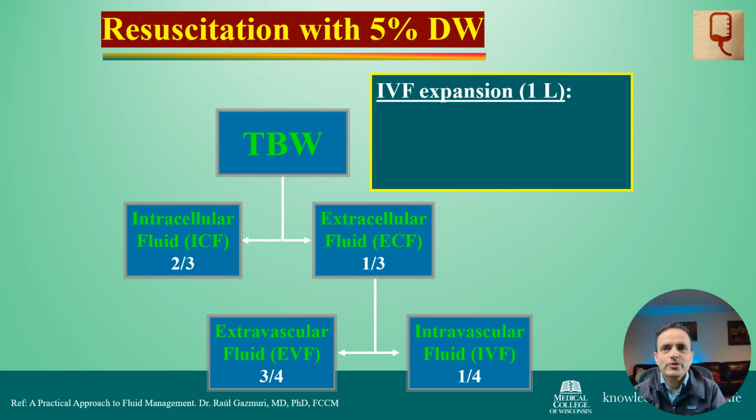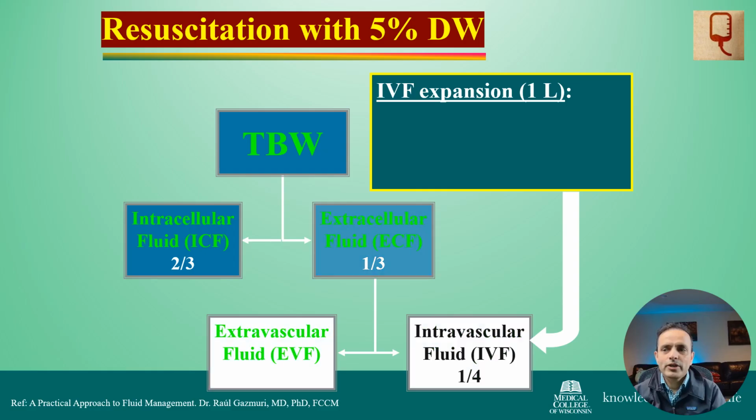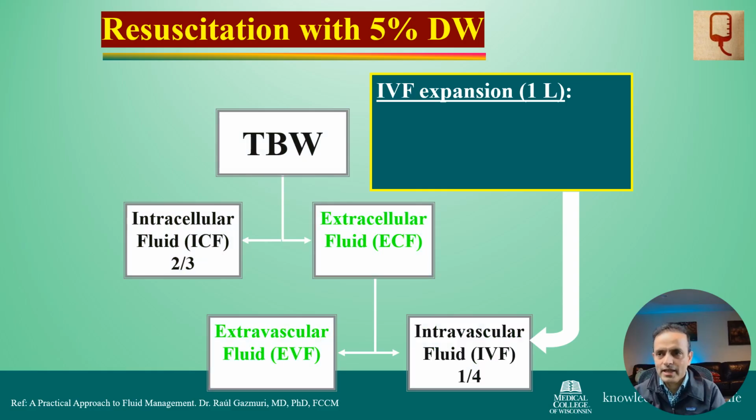So let's see what is going to happen when you are resuscitating somebody with D5 water. Let's say you are going to give 1 liter of D5 water. You give 1 liter, it goes to intravascular, extravascular, extracellular, intracellular. So it goes everywhere.